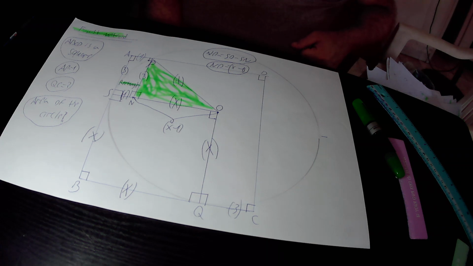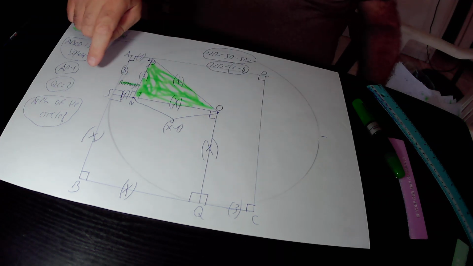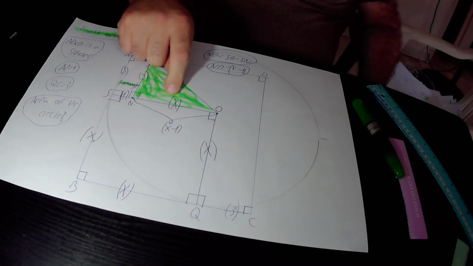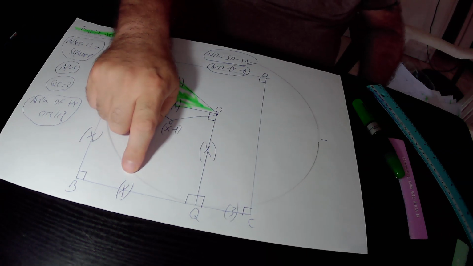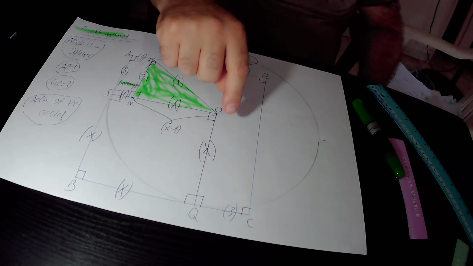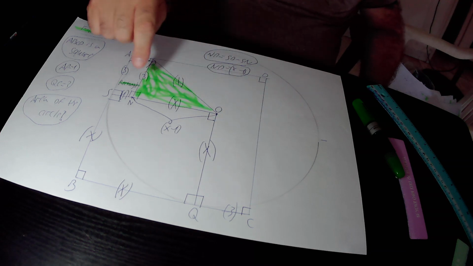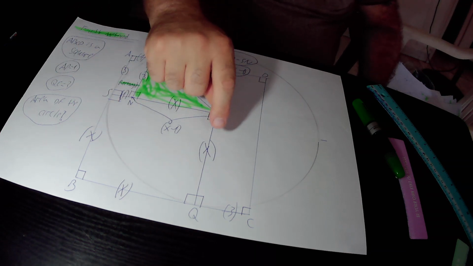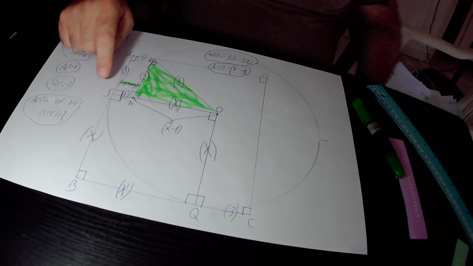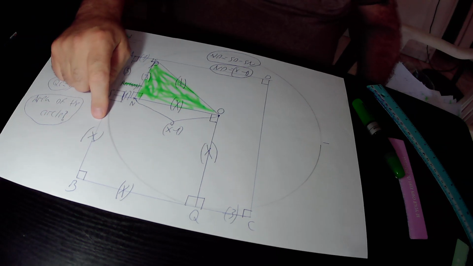But we know that the opposite sides of a rectangle are equal to each other. So in rectangle SOQB, side SO must be equal to the opposite side QB. But SO is x, therefore QB must also be equal to x units in its length. Likewise, according to the same rule, in the same rectangle SOQB, side OQ must be equal to the opposite side SB. But OQ is x, therefore SB must also be equal to x units in its length.